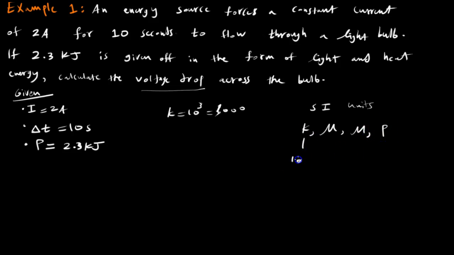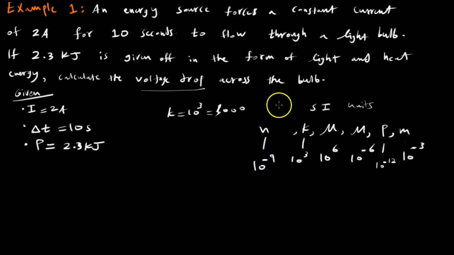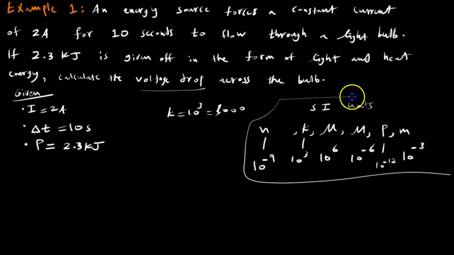Kilo is 10 to the 3, mega is 10 to the 6, micro is 10 to the negative 6, and of course milli, I forgot that, is 10 to the minus 3, and pico I believe is 10 to the negative 12. Nano would be another one. Nano is 10 to the negative 9, or one billionth. So let's keep that aside just to be familiar with those.